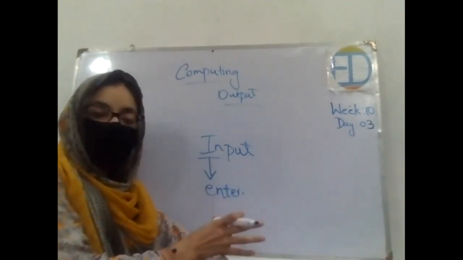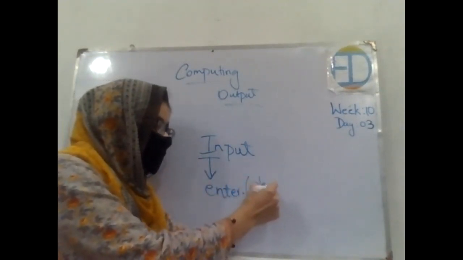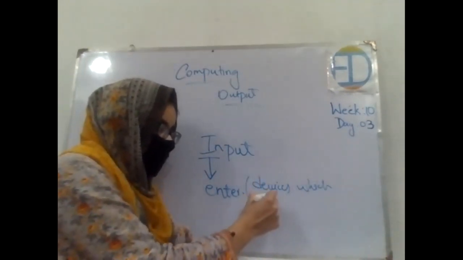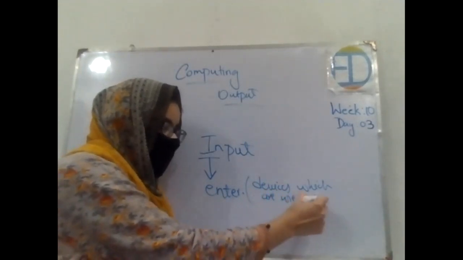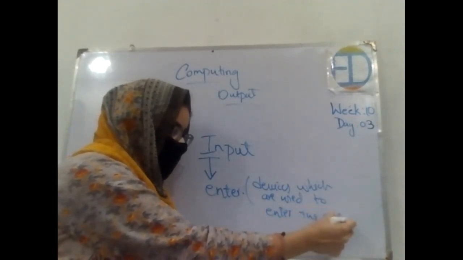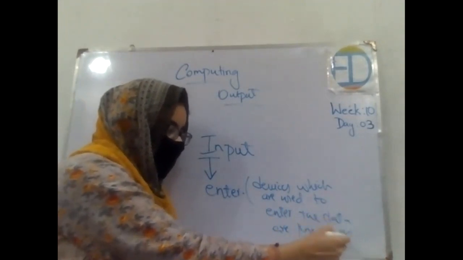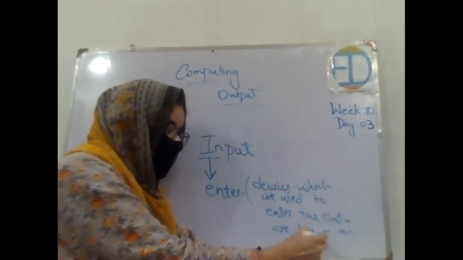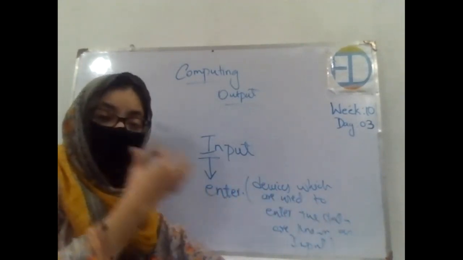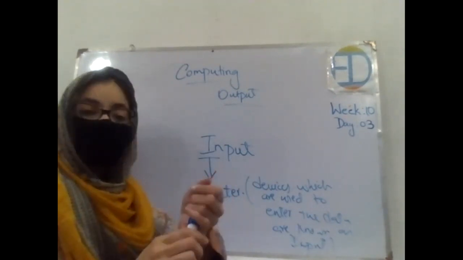Through that we made a definition that the devices which are used to enter the data into the computer are known as input devices. So input means entering data, and input devices are the devices which are used to enter the data into the computer. This is how we defined input.